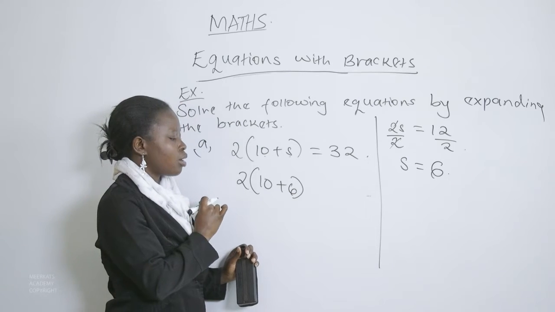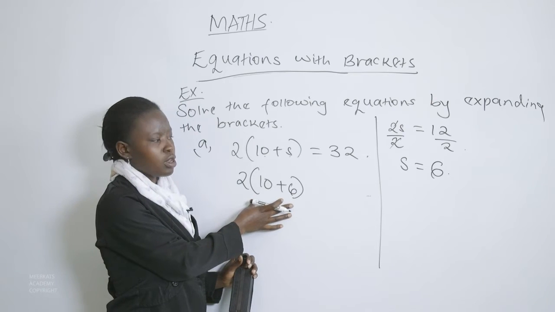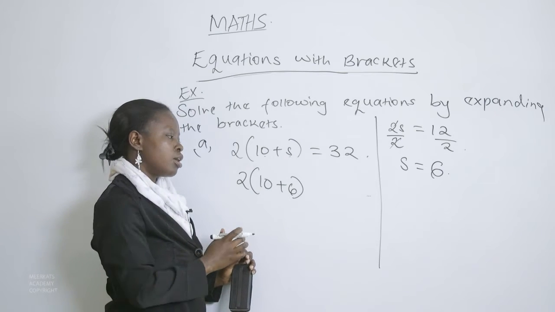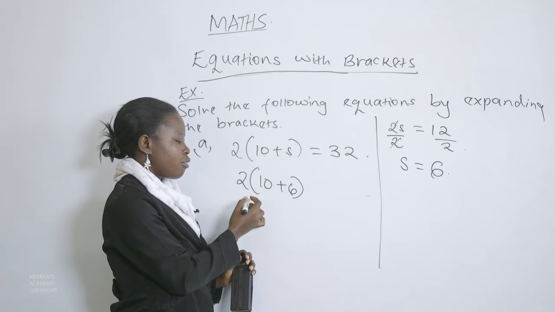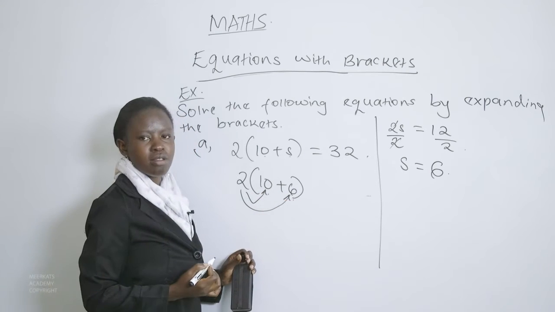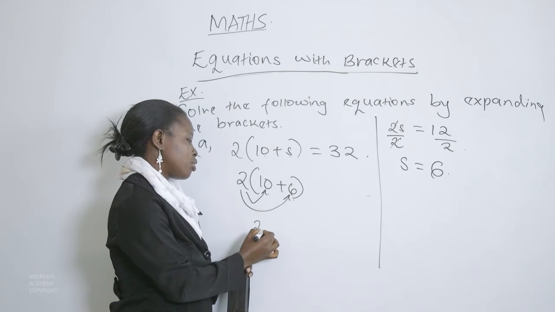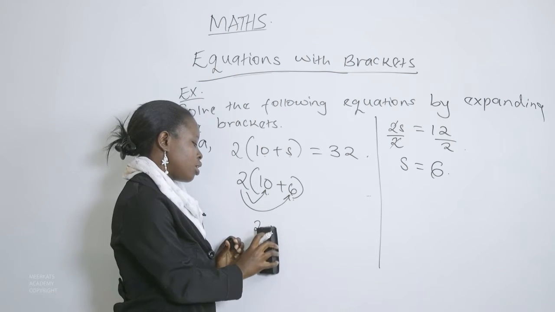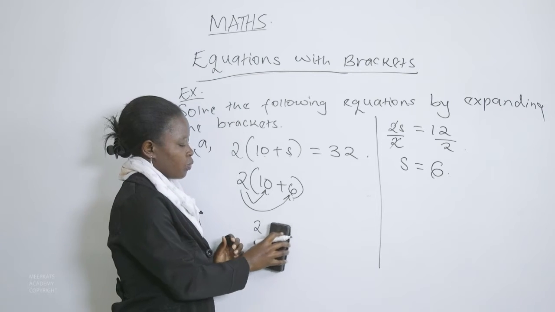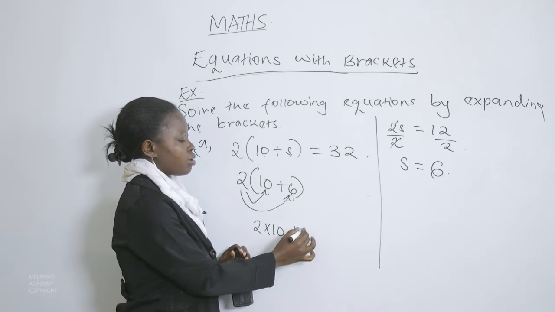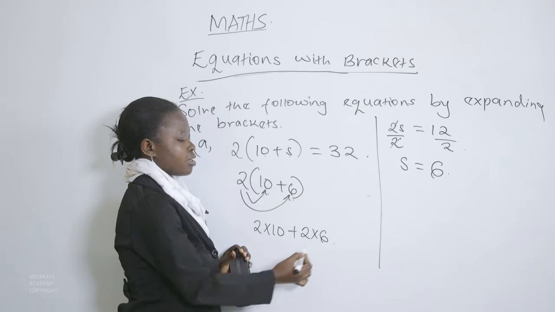I need to find out if this expression on the left-hand side will give me 32, which is on the right-hand side. So we have the option of expanding the brackets so that we have 2 times 10, then plus 2 times 6.